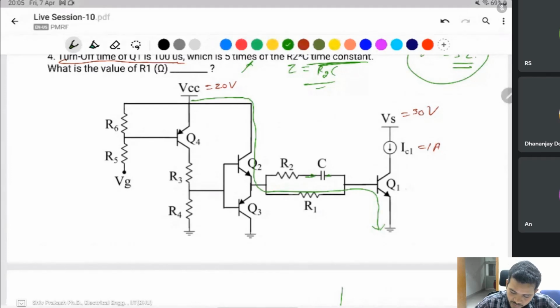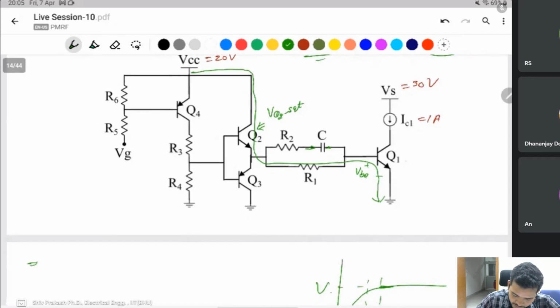That means you require the saturation of VQ2 and the base to emitter voltage. You apply KVL and find the value of R1 directly.